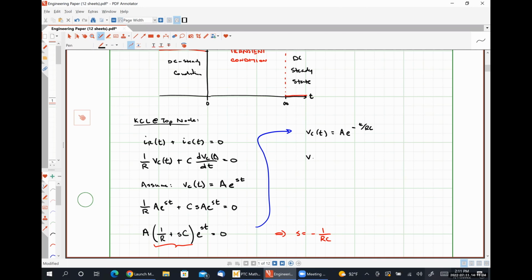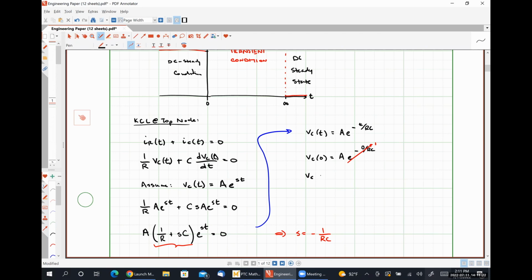Right? So VC of 0 is A e to the negative 0 over RC, where e to the 0 goes to 1.